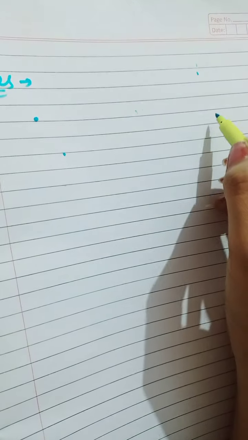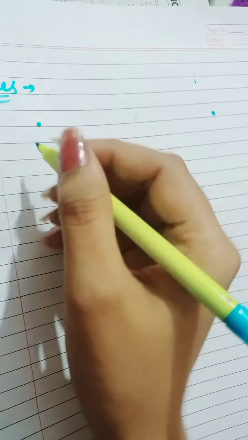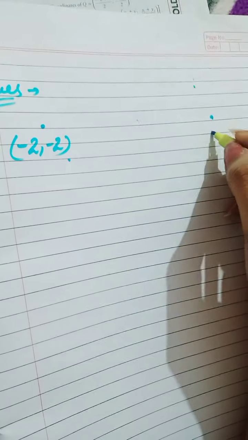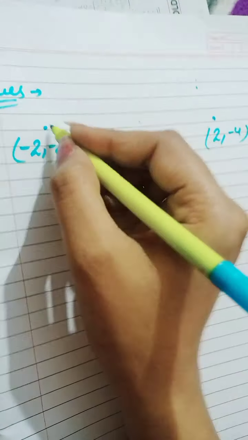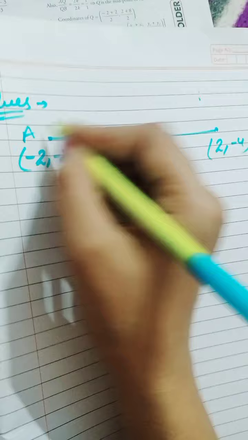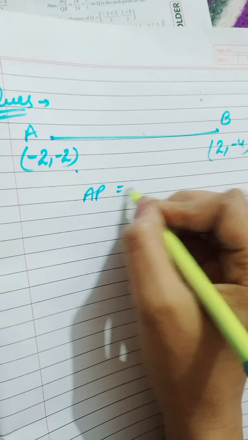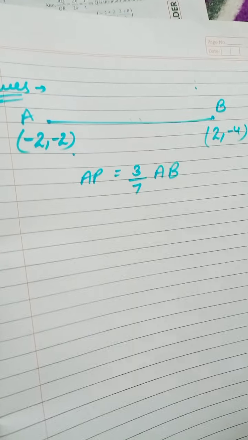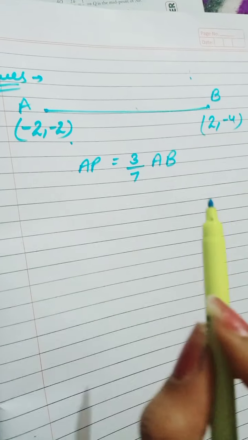The next type of question can be that two points are given to you, A and B. The first point would be (minus 2, 2) and the second point is (2, minus 4). These are the two points A and B. Then you have to find the coordinates of P such that AP is equal to 3 by 7 of AB.